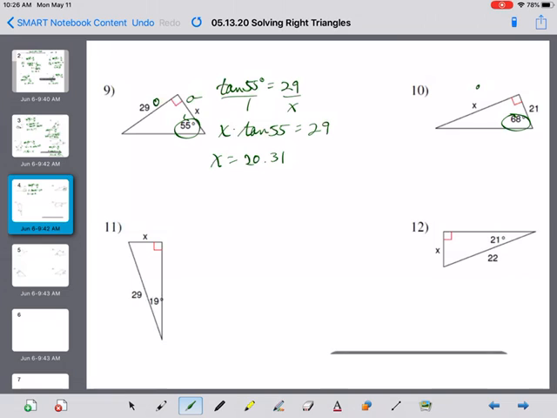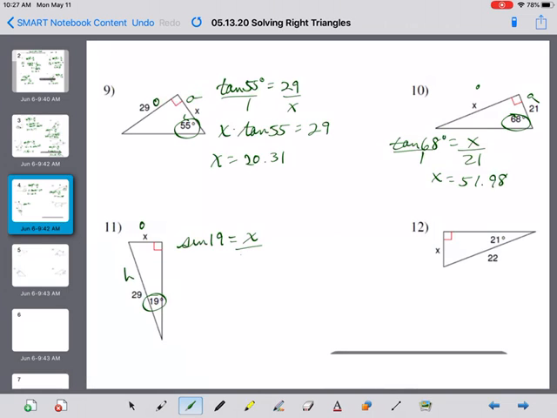Number 10, tan 68 equals x over 21. So 21 tan 68 equals x. X equals 51.98. And then number 11, x is the opposite leg, 29 is the hypotenuse, so that's sine.